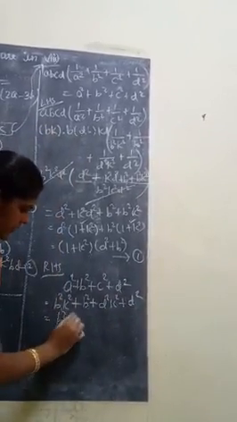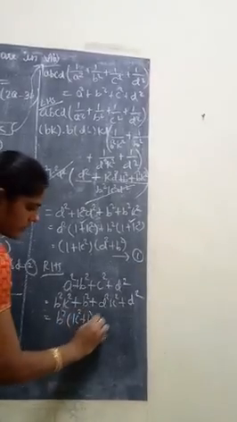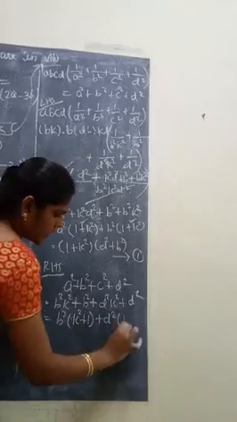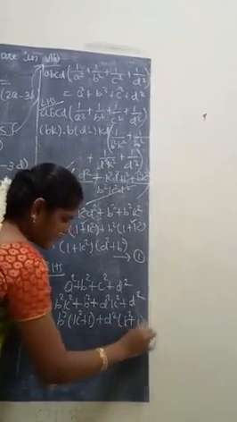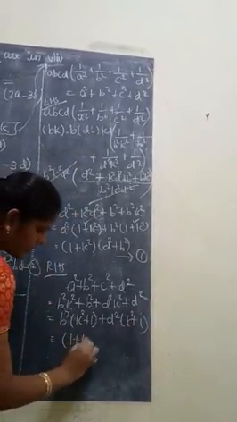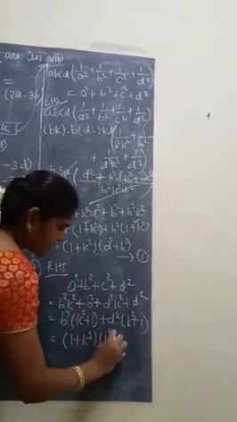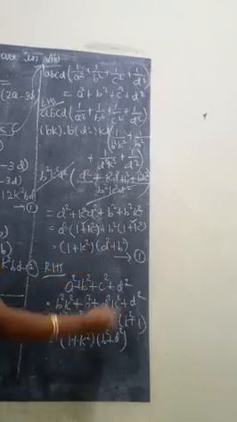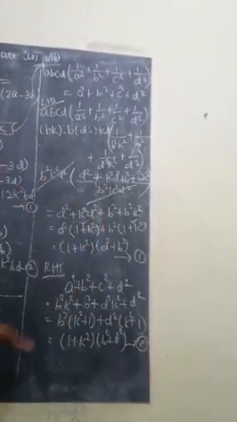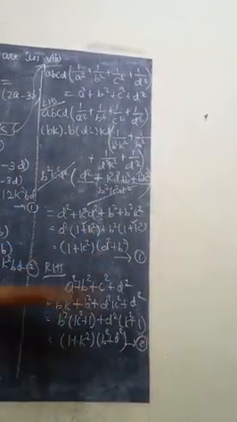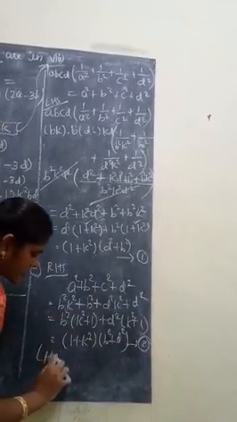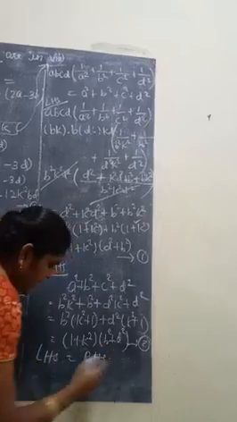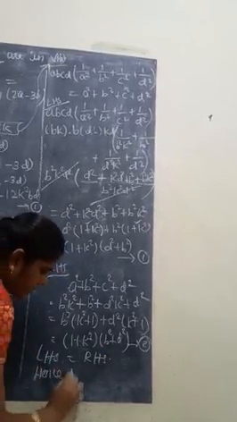So take B square common, remaining K square plus 1, take D square as common, remaining K square plus 1. So 1 plus K square into B square plus D square. Take this as equation number 2. So listen, equation number 1 and 2 are same. So here also left hand side equal to right hand side. Hence proved.